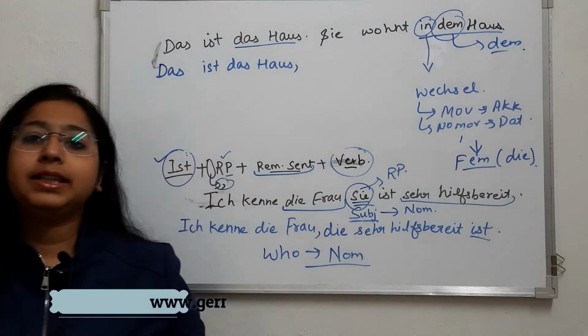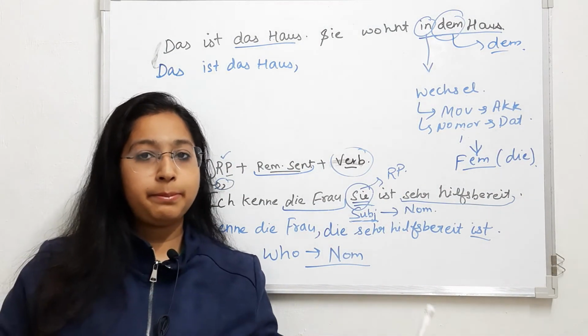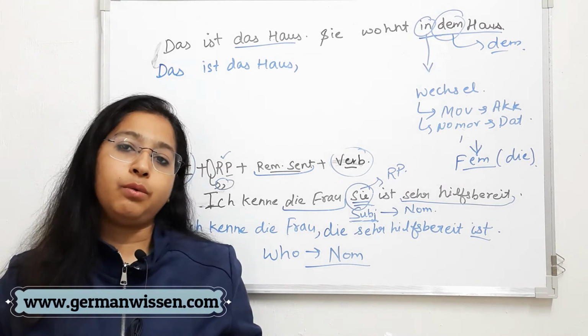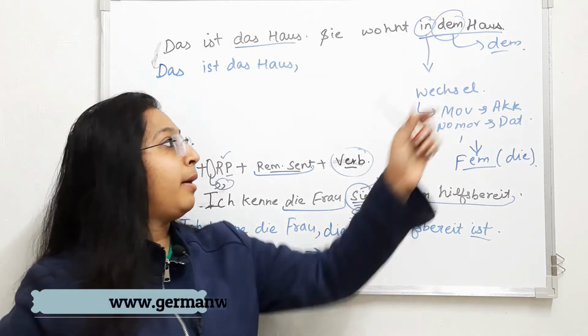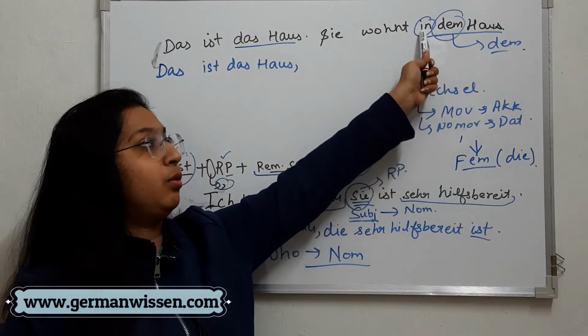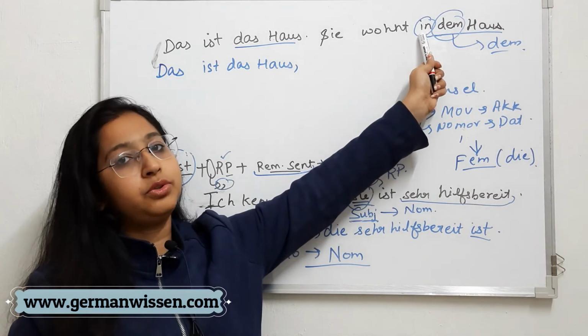Always remember one thing, while you are doing relative pronomen, if there is a preposition before the repeated noun, I am repeating, if there is a preposition before the repeated noun, which is in here, you have to give the preference to that preposition.